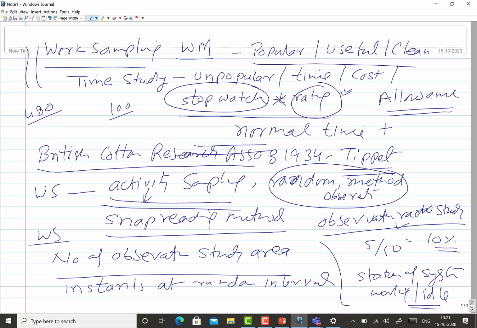So the status of the system is observed at each observation, whether it is working or idle.